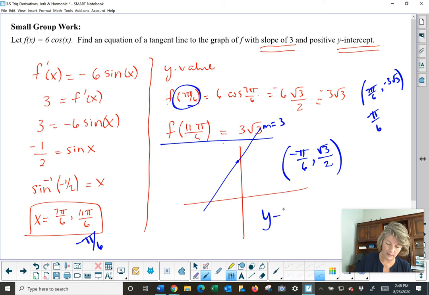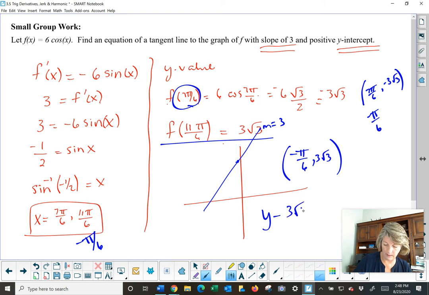Y minus root 3 over 2 equals, whoops, I wrote this wrong, didn't I? This should have been 3 root 3. Sorry about that. So update this.